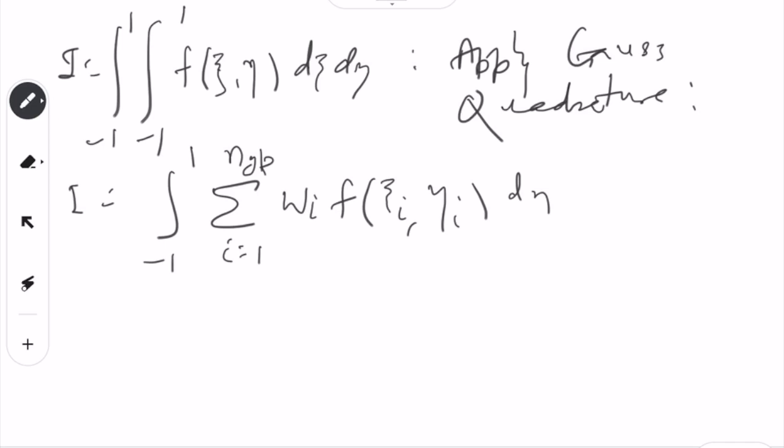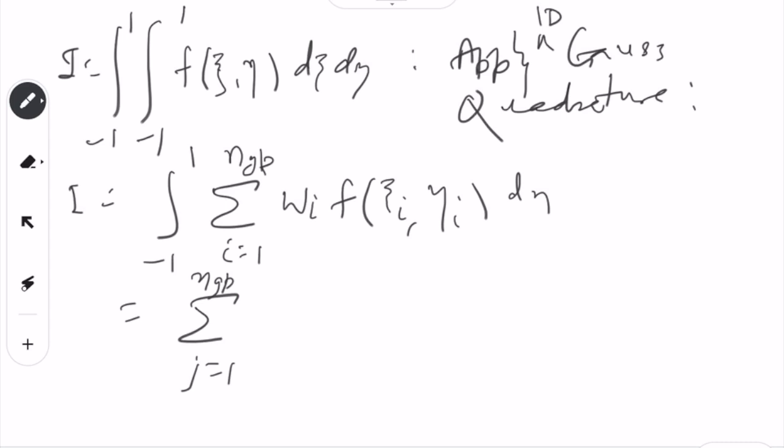Now once you have that, we can integrate in terms of eta. So apply 1D Gauss quadrature, the same thing you learned before the mid-sem. This will be another summation, j equal to 1 to number of Gauss points.